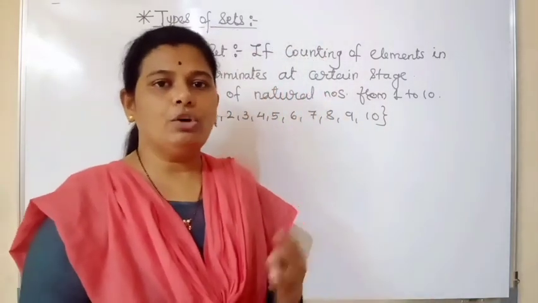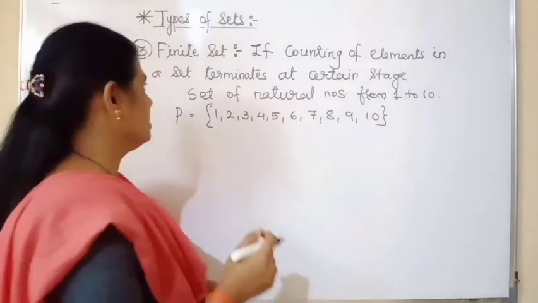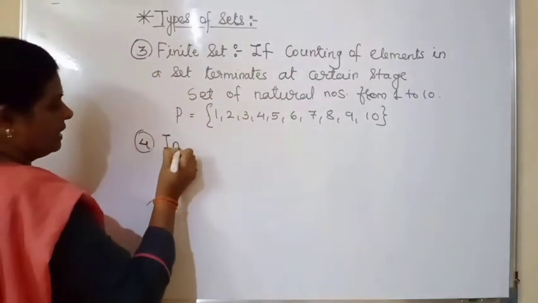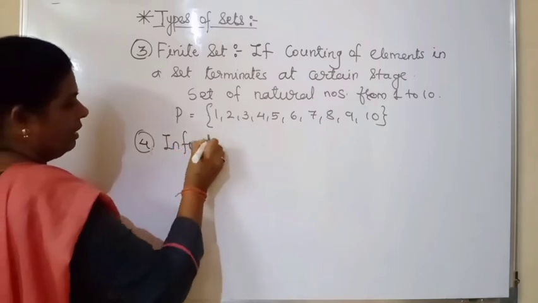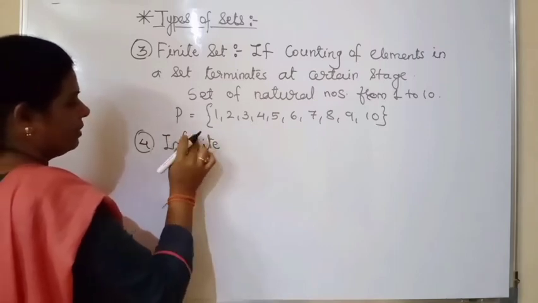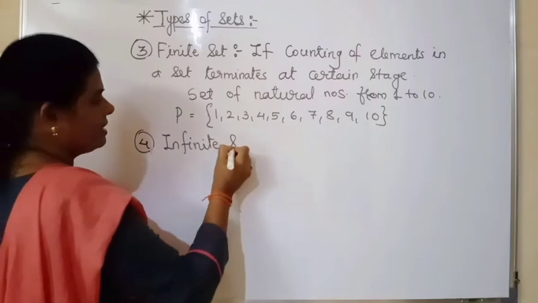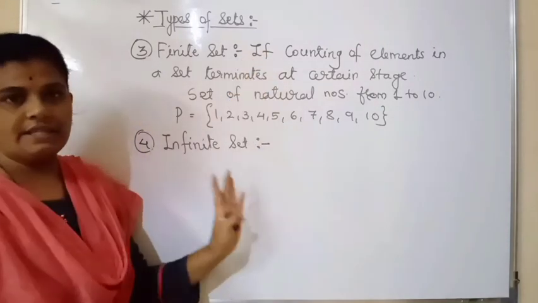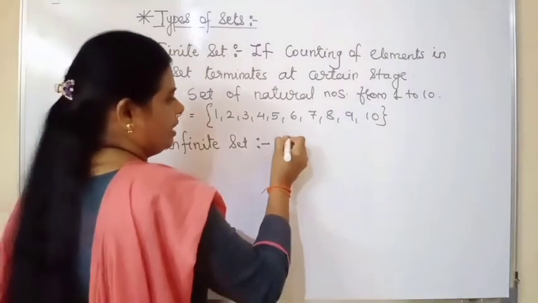Now we will study the fourth type of set, which is an infinite set. Infinite set means it is exactly opposite to the finite set. So what is the definition?